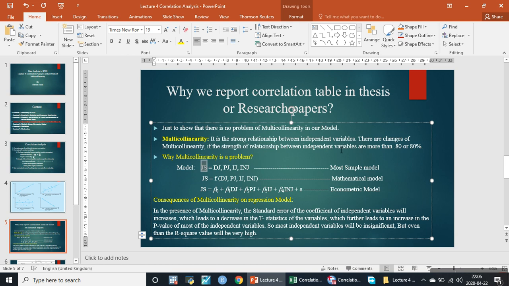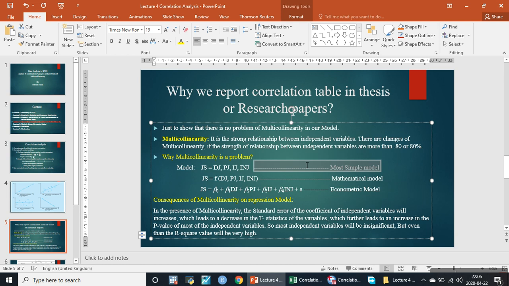But we write that question in a mathematical form, which is represented by equality, that job satisfaction is equal to a function. Job satisfaction is based on these four variables. It is the mathematical form of what is the impact of organizational justice on job satisfaction.